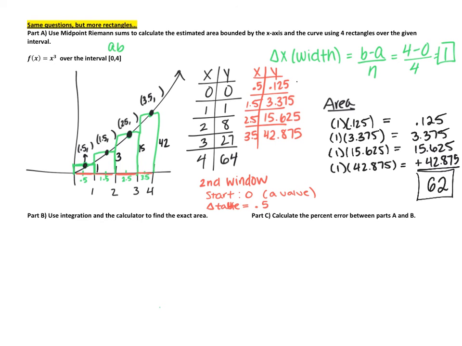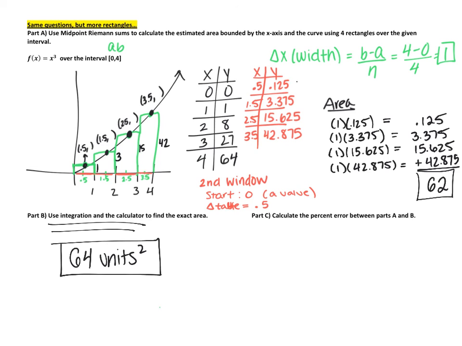We don't need to redo this second integration. You kind of did it before in the first part, and that answer was about 64 units squared. So we're getting closer. Let's find that percent error. The percent error here is the absolute value of the actual minus the measured over the actual, times 100.